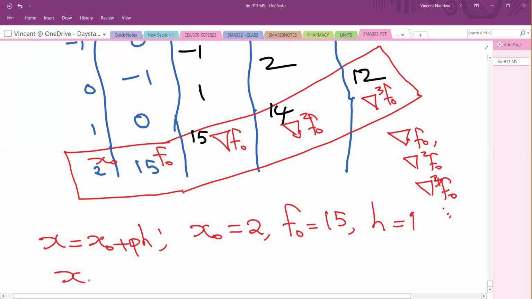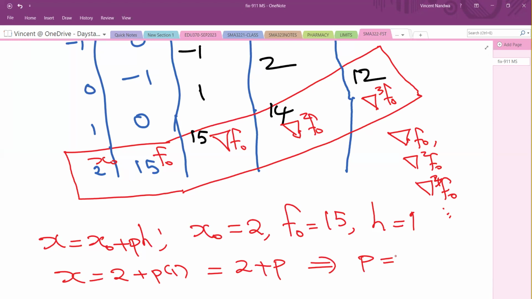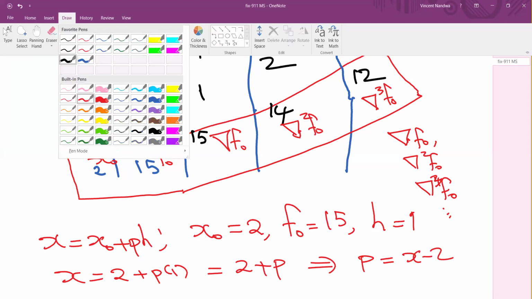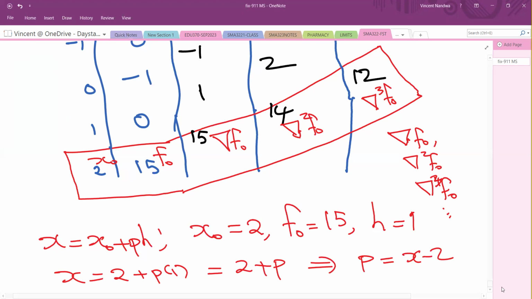So x equals 2 plus p times 1, which is the same as 2 plus p. So what does p get? x minus 2, correct? Yeah, x minus 2.